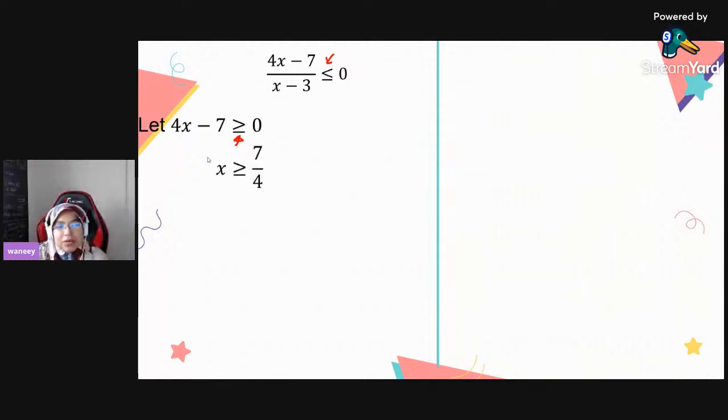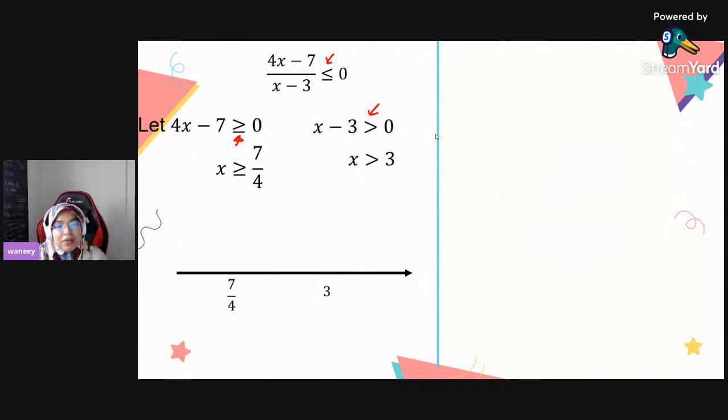And then take your denominator. For the denominator, it should always be greater than 0 only. So tak boleh letak equal untuk denominator. Lagi sekali saya ingatkan. For denominator, you cannot put any equal sign. So x will be greater than 3. Okay, so x greater than or equal to 7 over 4, x greater than 3, draw a number line for them. And then everything is going to the right hand side.